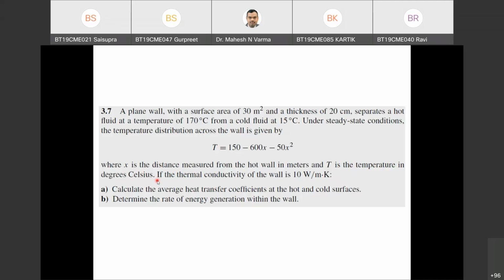At x equals 0, we get 150 degrees centigrade, and at x equals 0.2, we get 28 degrees centigrade. From this, we'll substitute heat transfer coefficients: h into delta T for the hot surface equals that for the cold surface. If we equate these, we will get the heat transfer coefficient at the hot surface and at the cold surface.